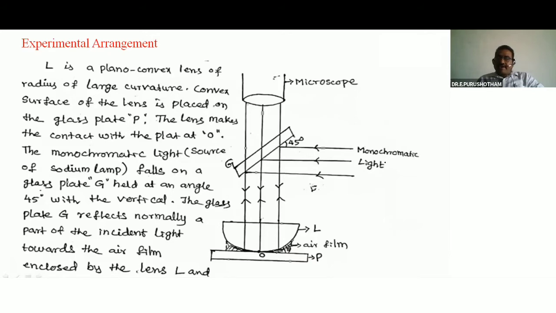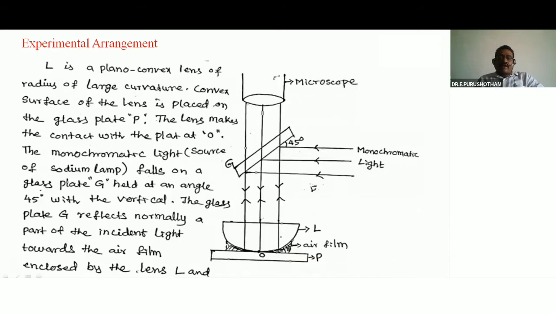From the monochromatic light source, a monochromatic light beam is allowed to fall on the glass plate at a 45 degree angle. Vertically, these rays are reflected and allowed to fall on the plano-convex lens and the air film.